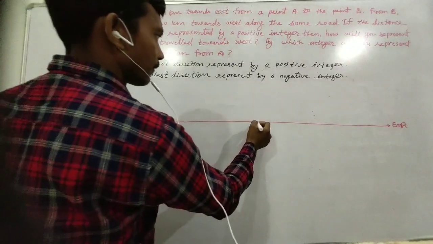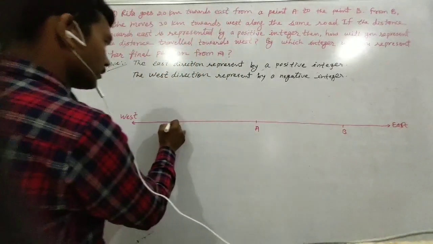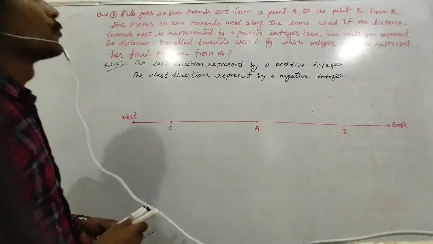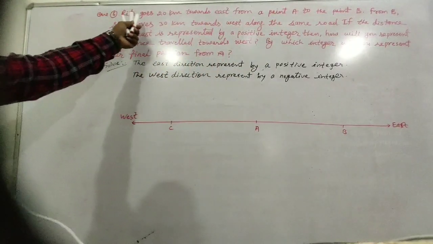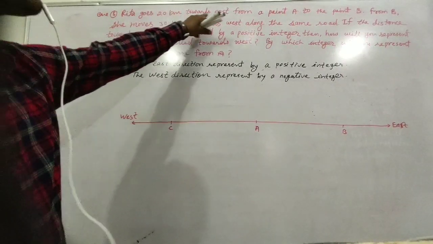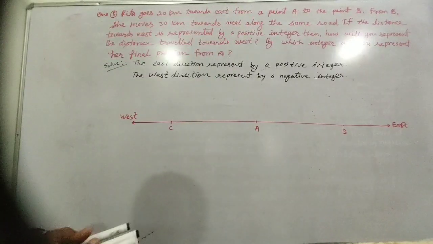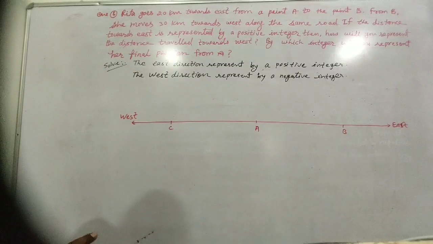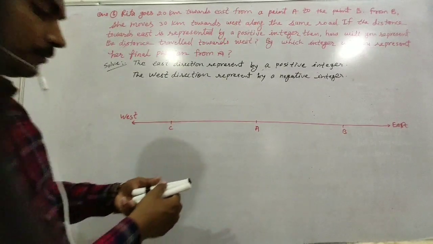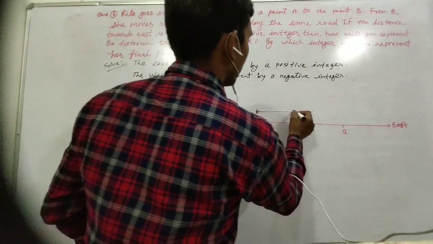Here point A, here B, and here C. First, Rita goes 20 km towards east from point A to point B.